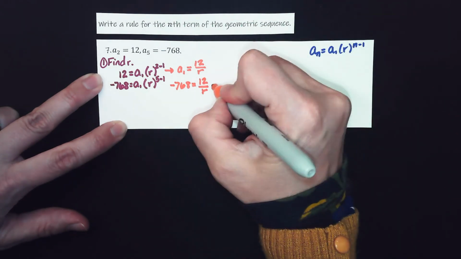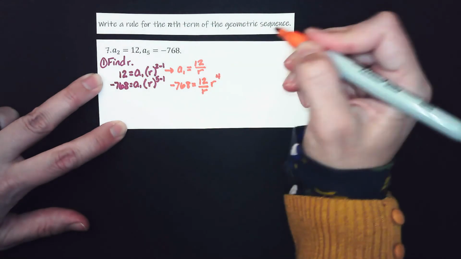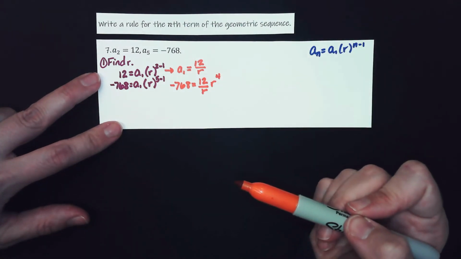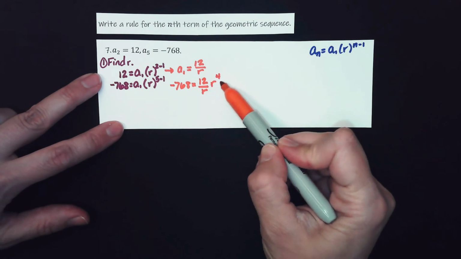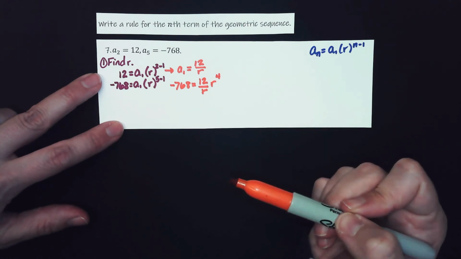And then I have times r, and 5 minus 1 is 4, to the 4th power. So this is going to remind us of some rules that we had with exponents. When I have an r in the numerator and in the denominator, I subtract the powers.